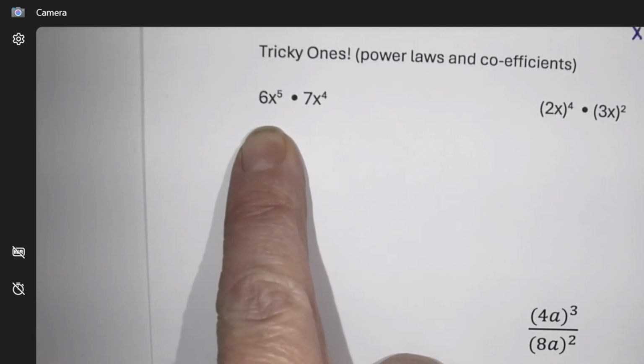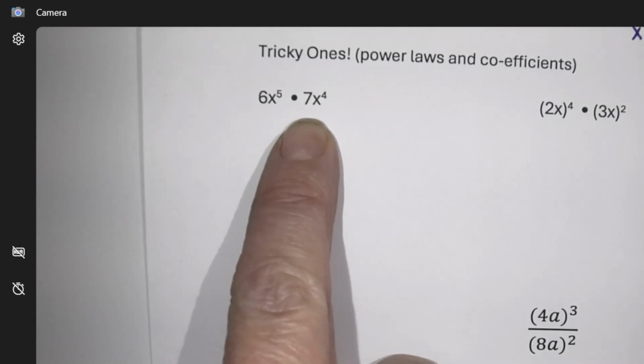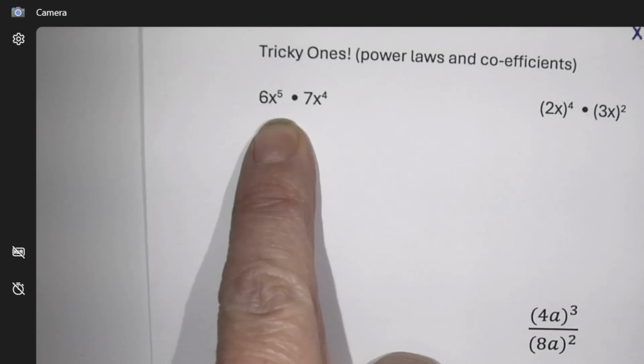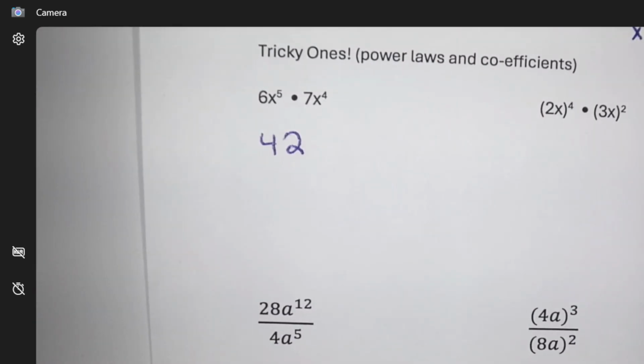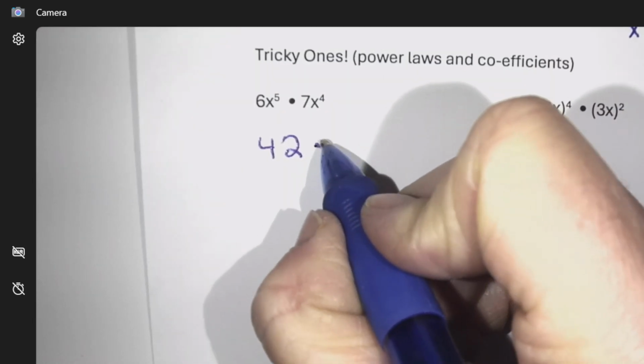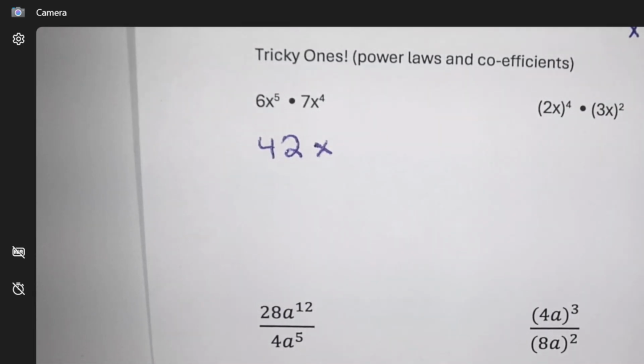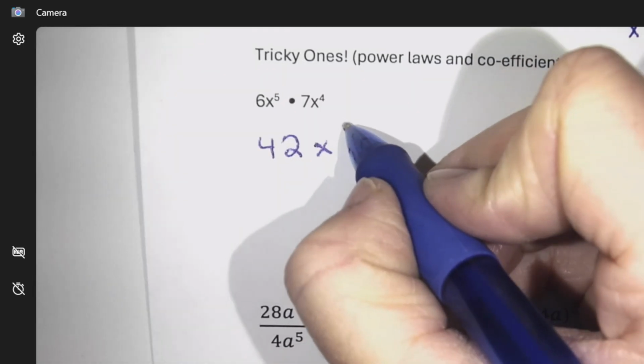So if they're not part of the exponents, I'm not going to put them into exponent rules. So I'm just going to do regular math. So what's 6 times 7? 42. The base x, what's the rule there? Add.